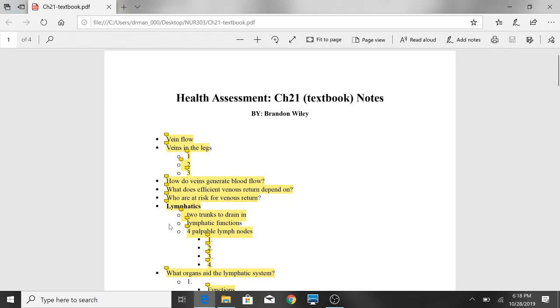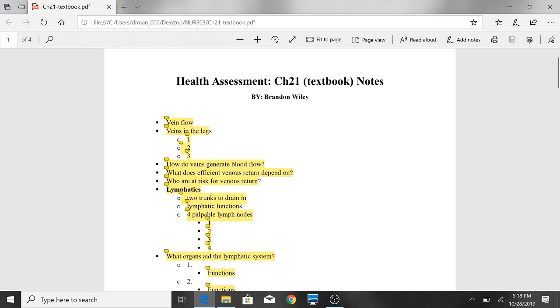It also has a couple of functions. It stores nutrients and minerals, absorbs lipids like fats, and is involved in immune protection.